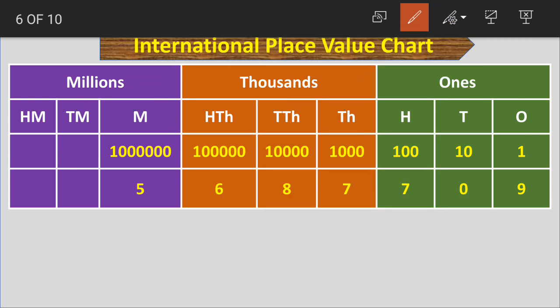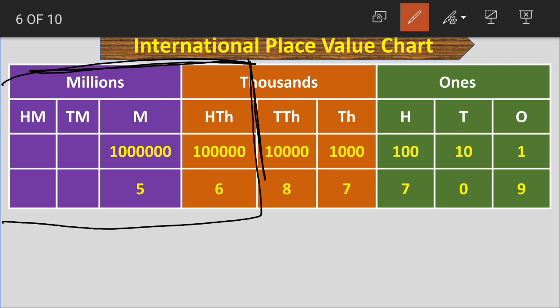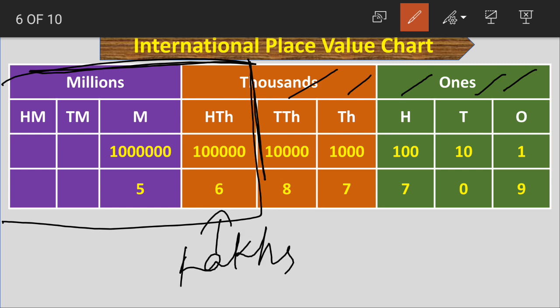Understood? The difference in Indian and international place value chart starts from this. Till this, all the 5 place values are same. In India, we call this place value lakhs, but in the international system, they call it hundred thousands.